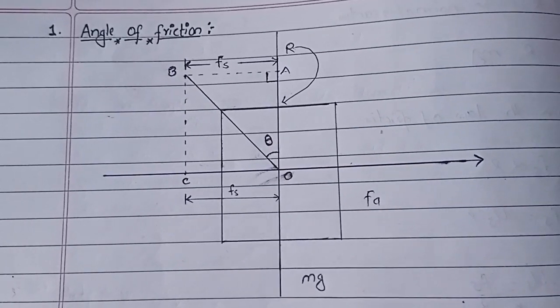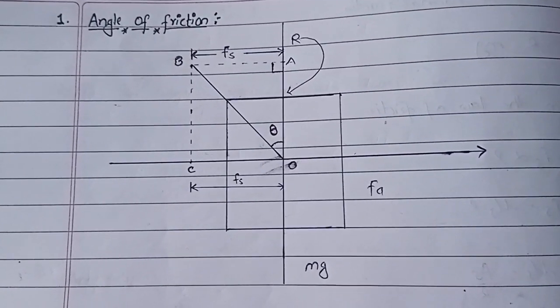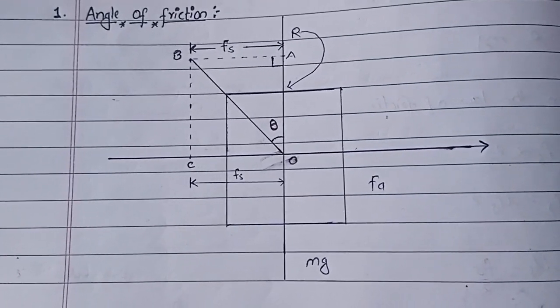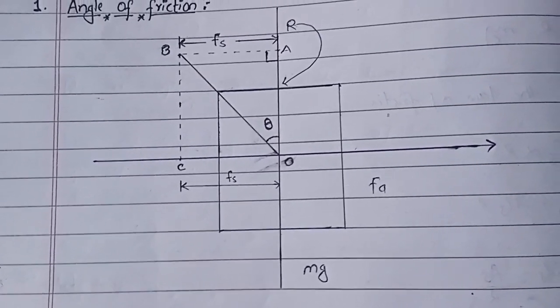Simply, friction means sliding of two bodies. The force produced, or the heat generated, by sliding of two bodies is known as friction.